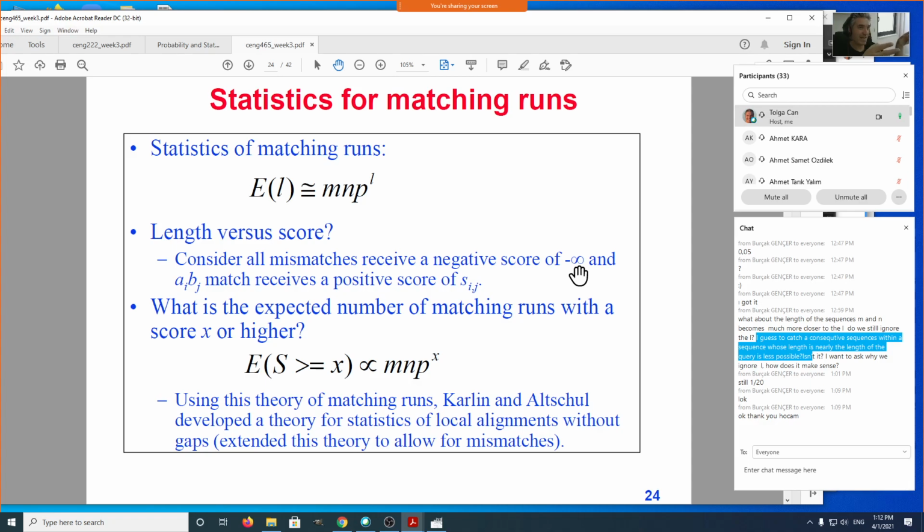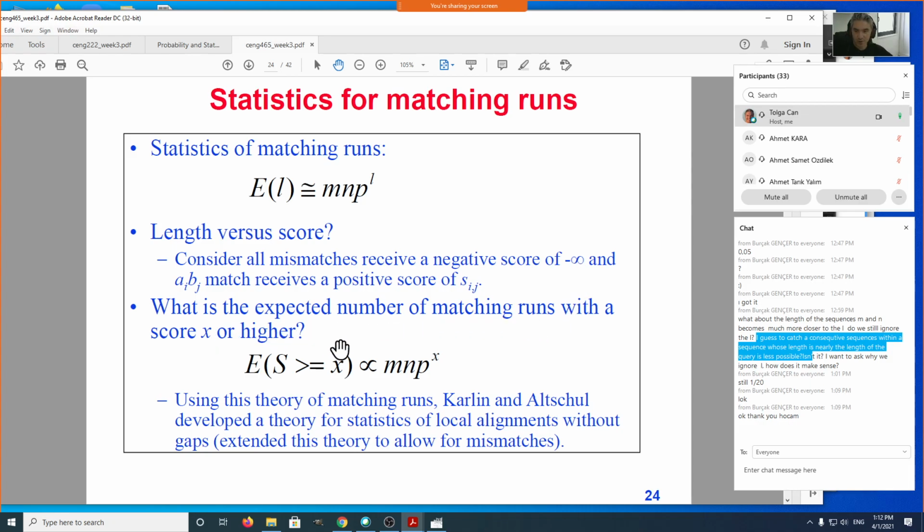Then my matching length of 10 is immediately converted into a score of 30, if all of the matches are still scored the same. As you can see, it's proportional. So as the score is some number larger than 1, the analysis that I did with the matching run is going to be similar, with just the match scores multiplied by some number.